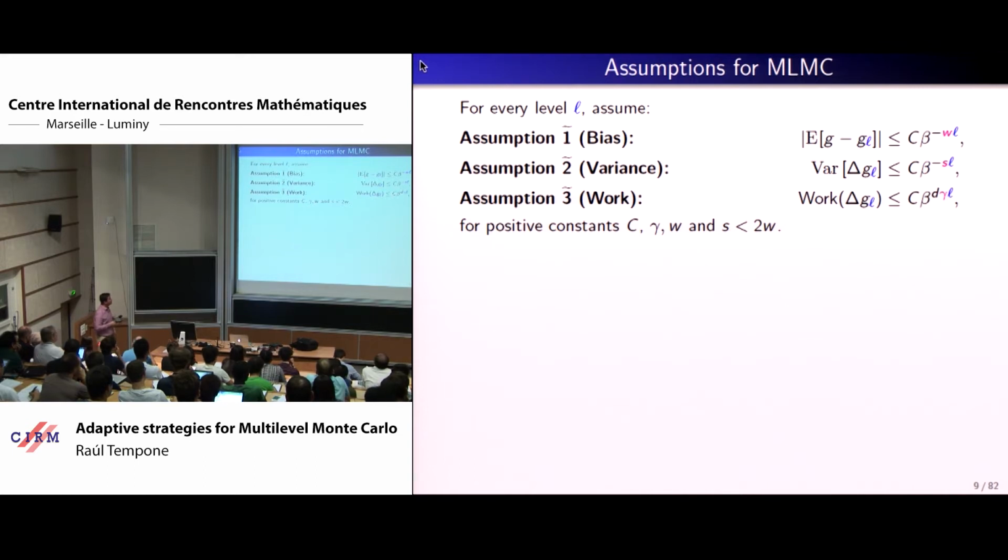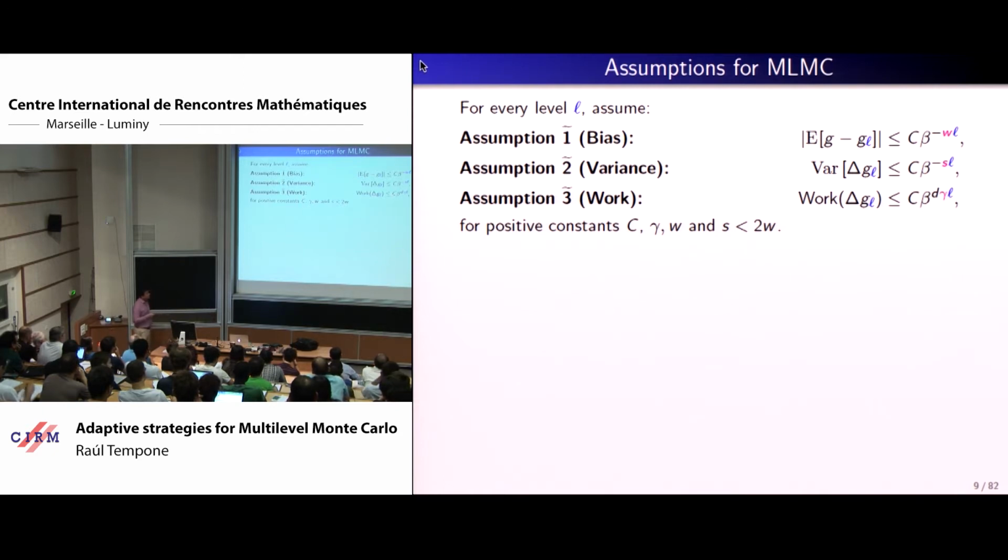For the last one, we have the mean cost of evaluating a difference on level L, so this is delta G_L. This entails the cost of evaluating G_L and G_{L-1} because we take the difference. Usually one assumes that G_L is the one that dominates, so the cost goes like that.